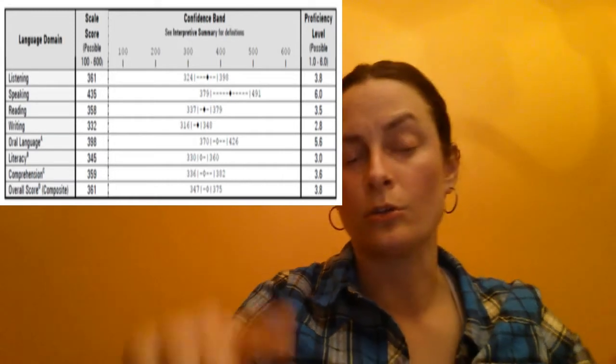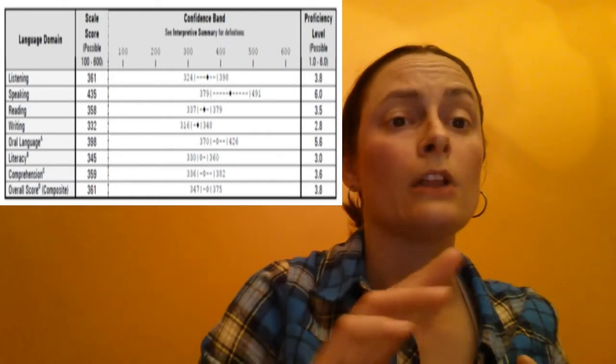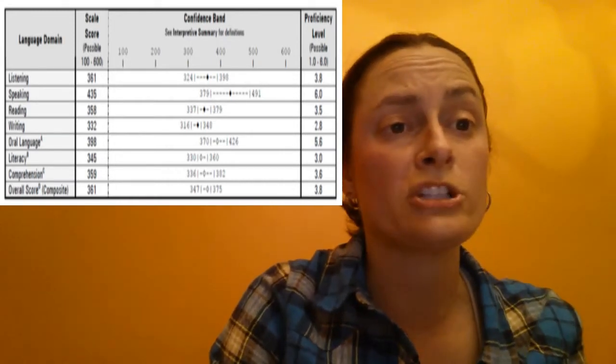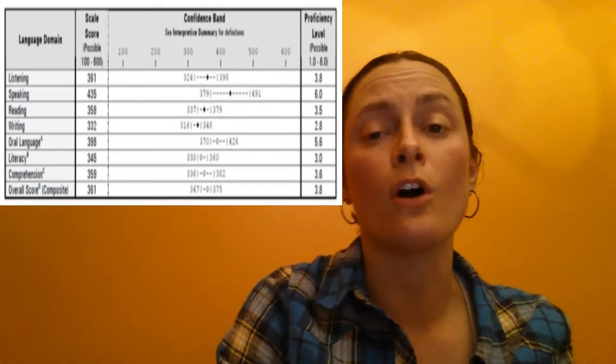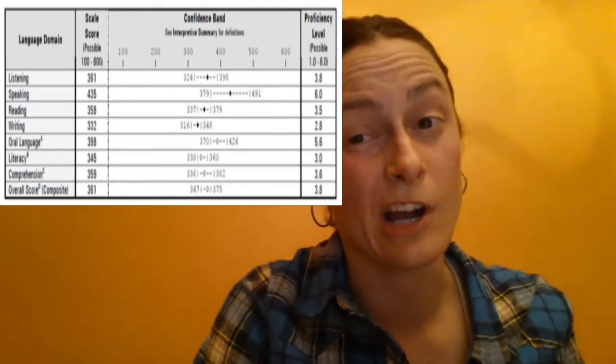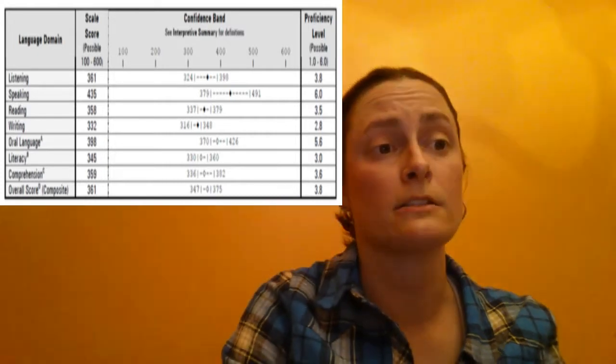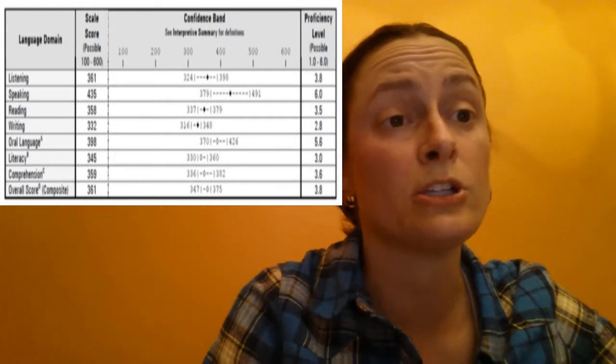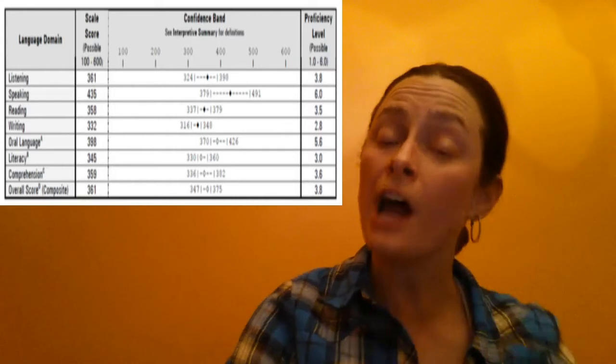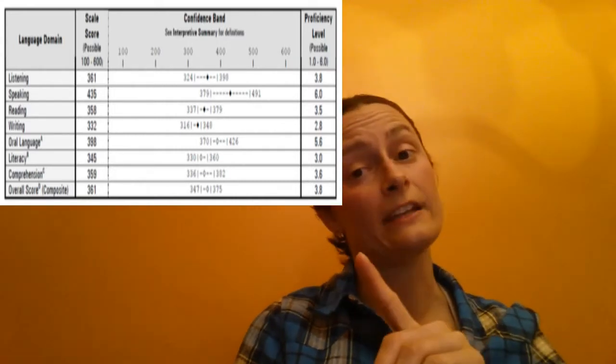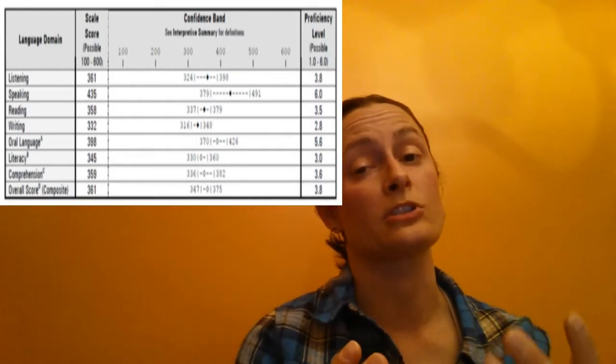These combinations include oral language, literacy, comprehension, and overall or composite score, which is a combination of all the 4 language domains. Scale scores can be used to monitor a student's growth over time within, but not across, a language domain.